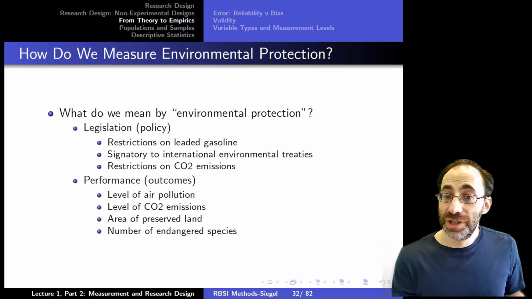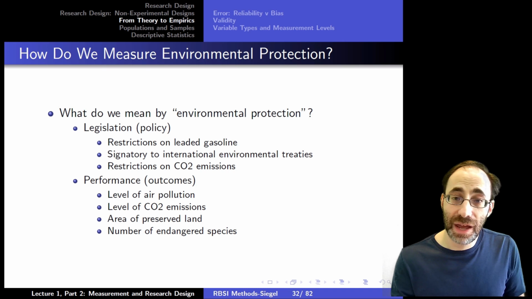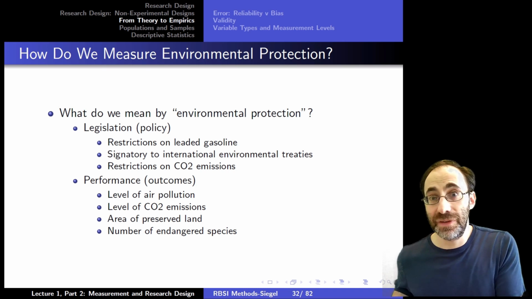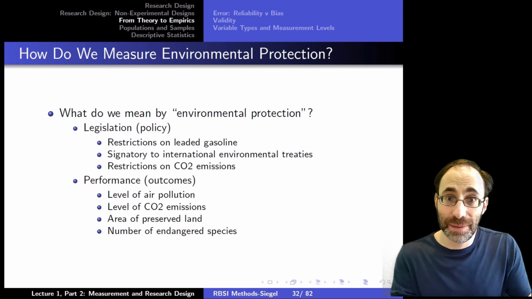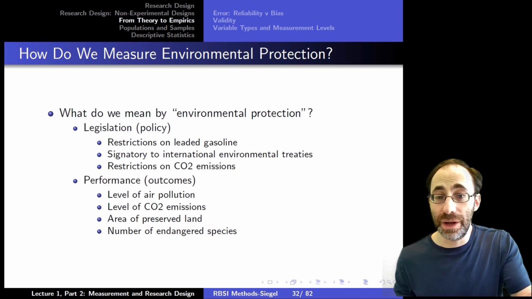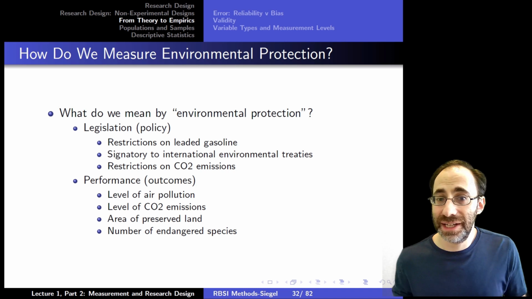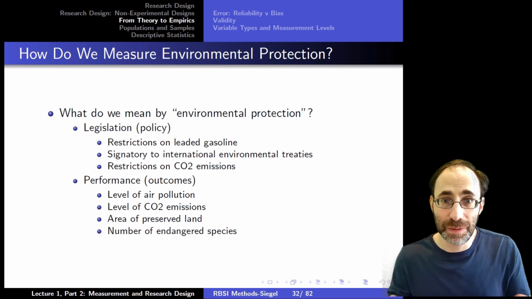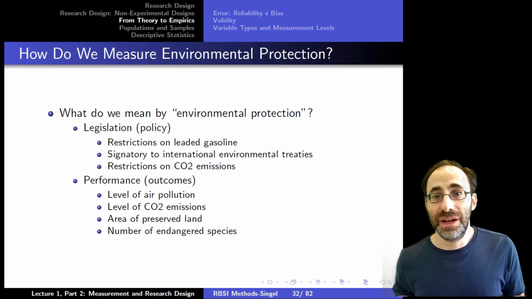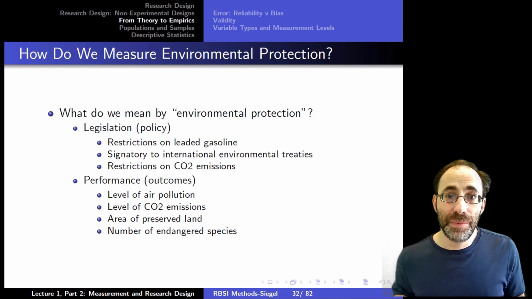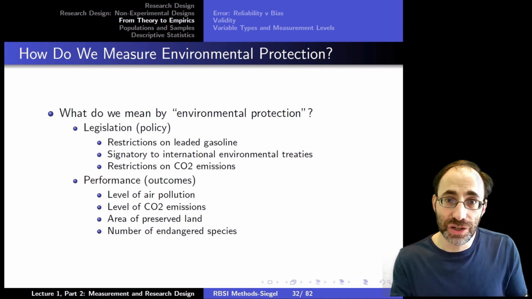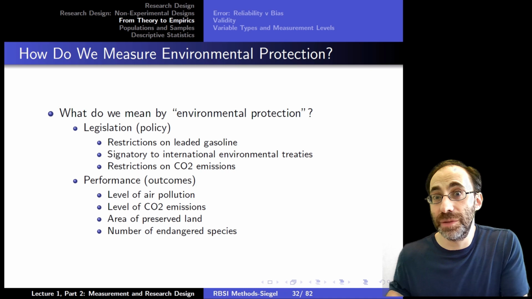That could be what you're looking for, in which case those kinds of measures would be accurate, and what you would do if you want to measure the concept of environmental protection with that conceptual definition would be to either pick one or more of these, or to construct some kind of composite index of multiple policies that have been passed to give you some sense of the overall preferences of the legislature or the population towards environmental protection.